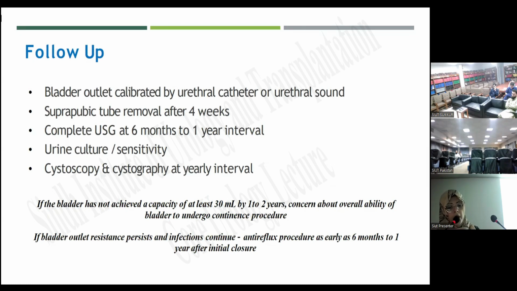On the cystoscopy and cystography, if the bladder has not achieved a capacity of 30 ml by 1 to 2 years, we should be concerned about the overall ability of the bladder to undergo a continence procedure. And if the bladder outlet resistance persists and infection continues, the anti-reflux procedure should be done as early as 6 months to 1 year after the initial closure.